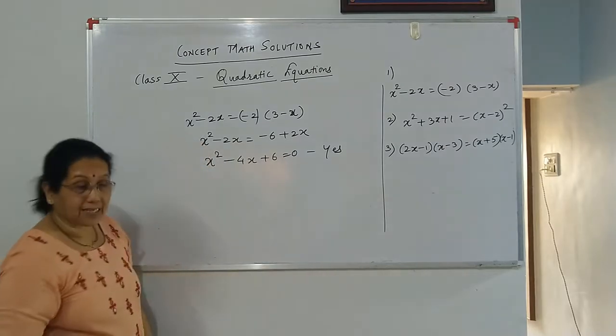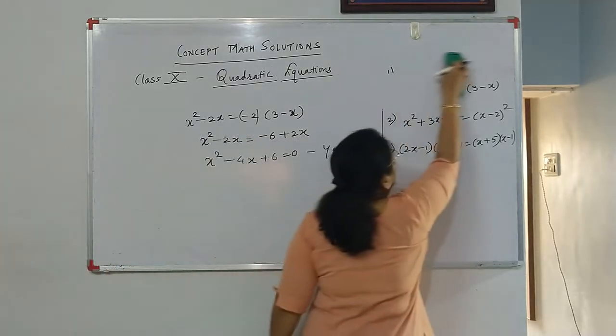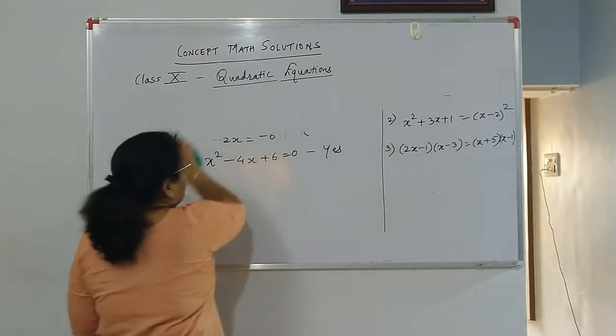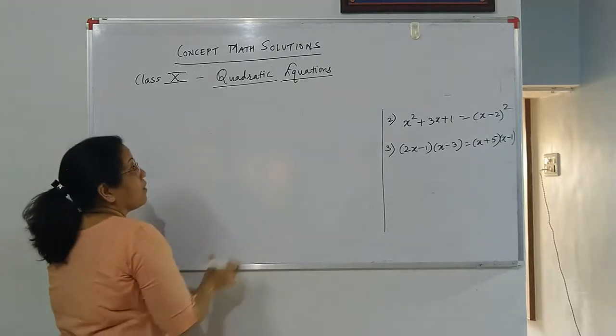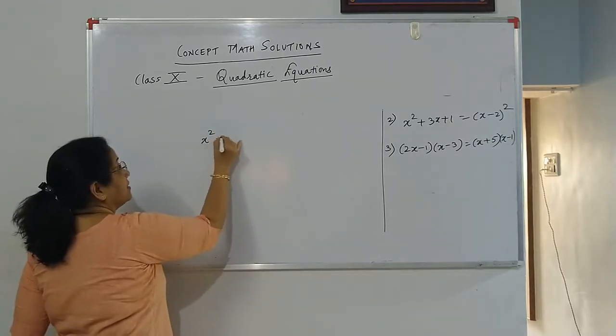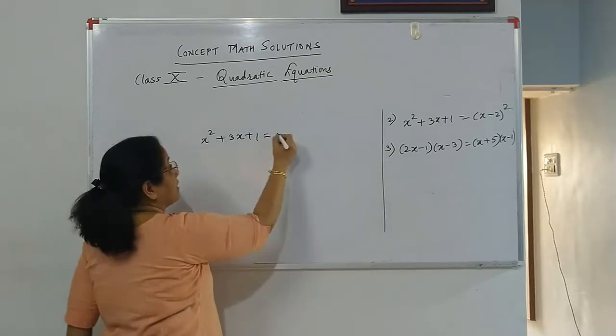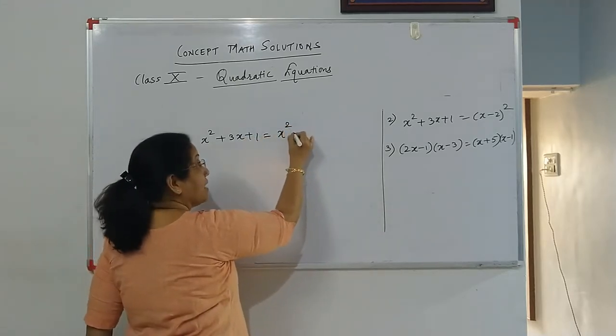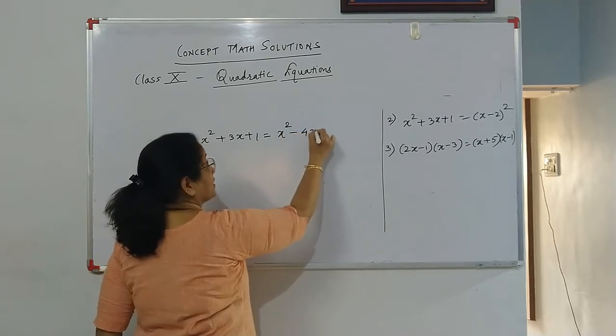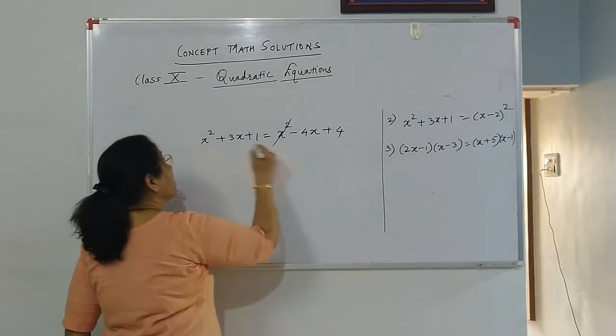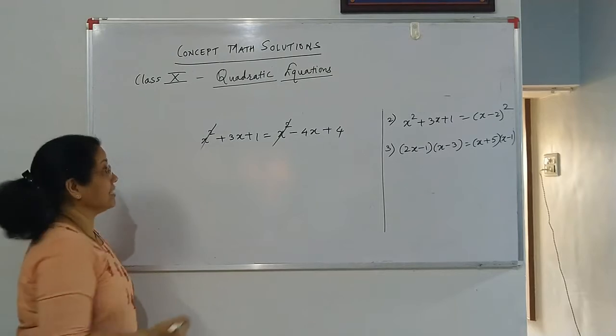If I come to the second equation which I have noted on the board, whether it is quadratic or not, I have x square plus 3x plus 1 and x minus 2 whole square. If I expand, a square minus 2ab, so minus 4x plus 4. And you will find that the x square term gets cancelled here.